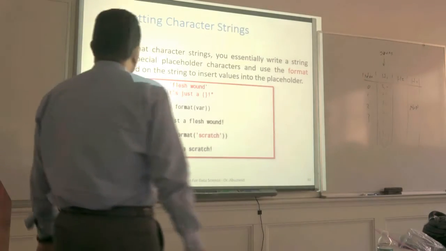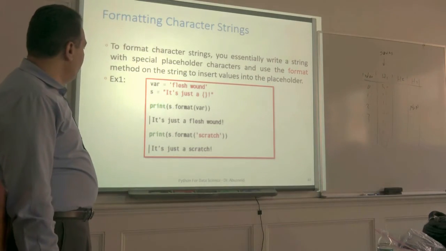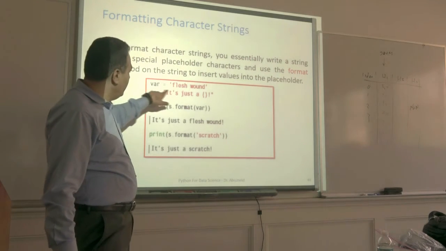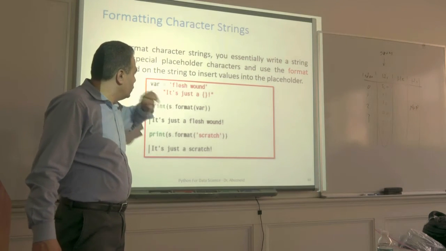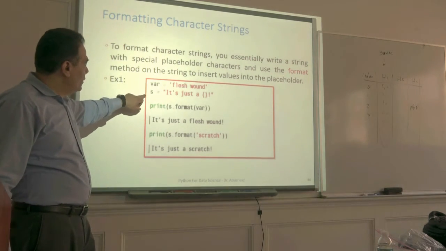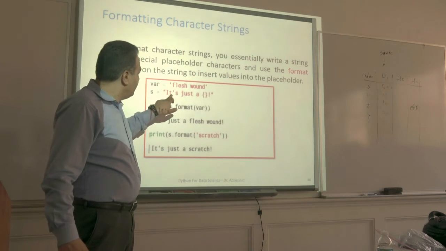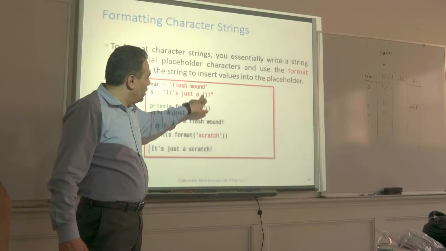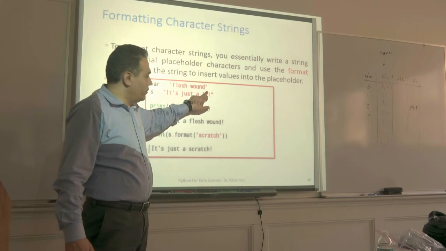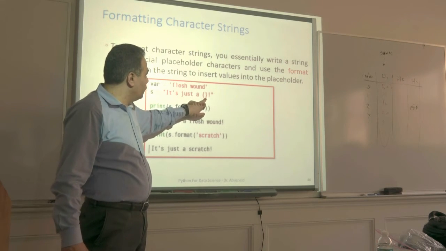So the format characters, for example, in here, the variable flash1. S is the pattern. And then here, what do I have? The curly braces will be substituted for something.